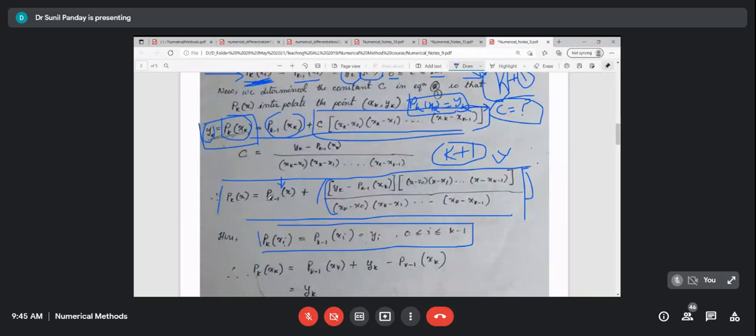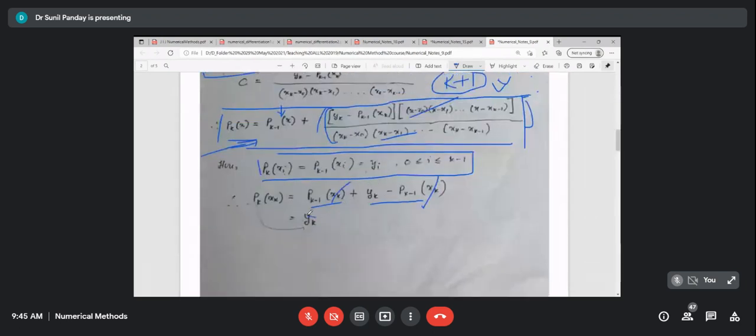So to check for xk, I substitute x equal to xk here. What will I get? Here yk minus pk minus 1 of xk, and this factor will cancel out with this factor, because now you are substituting x equal to xk in the numerator. Then this will cancel out this, and you are getting yk.